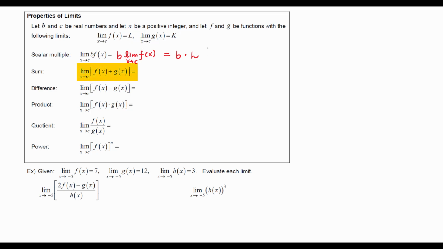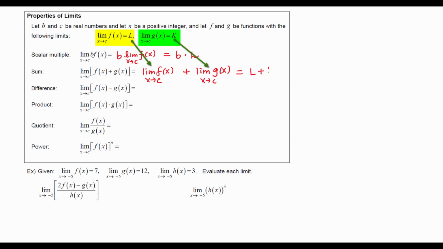What if I want to find the limit of f of x plus g of x as x approaches c? Then that would be the same as the limit of f of x as x approaches c plus the limit of g of x as x approaches c, which by hypothesis is equal to L plus k.